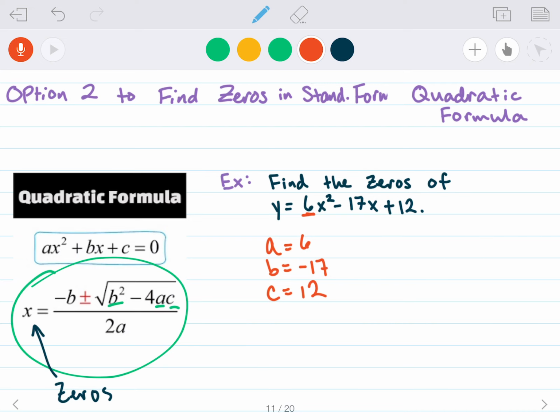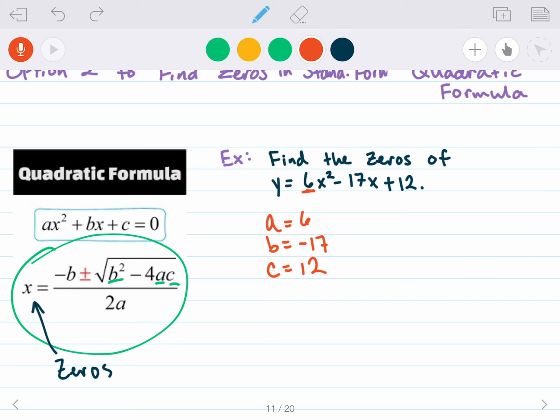So now we just plug everything in. So we have the zeros, which is x, that's my zeros, equals negative b. So we have negative is already there in the formula, and then we input b. I would put parentheses when you're first doing this just to not get confused. So in place of b, I'm putting parentheses what the number for b is.